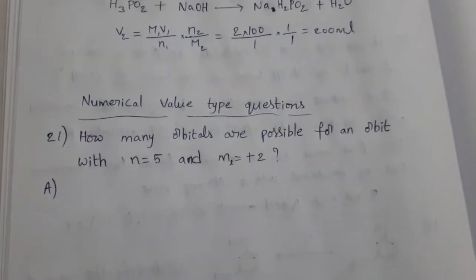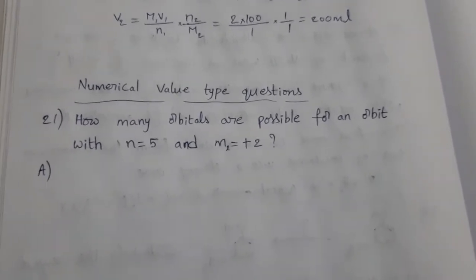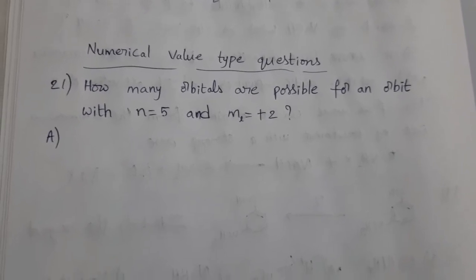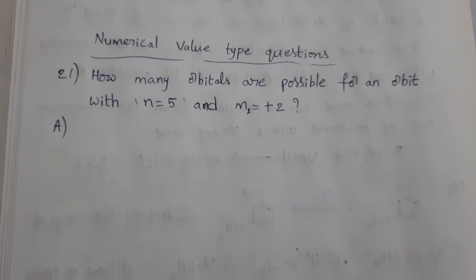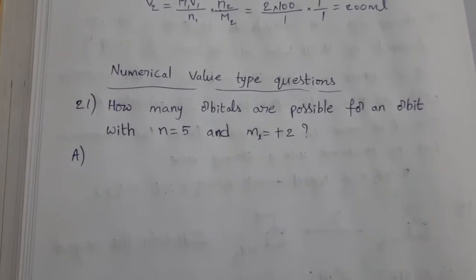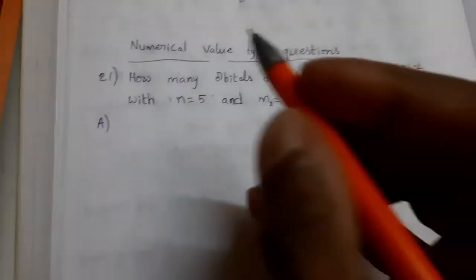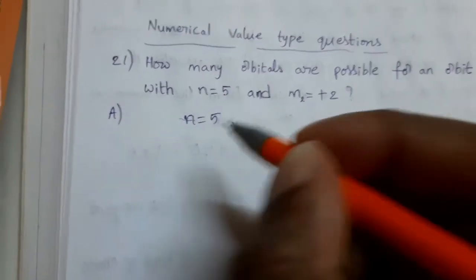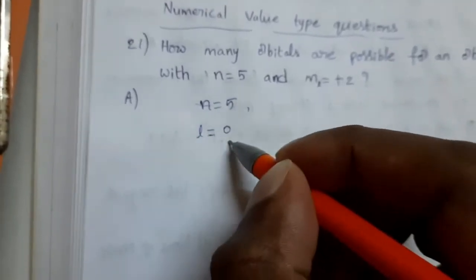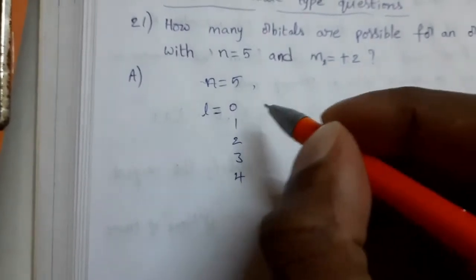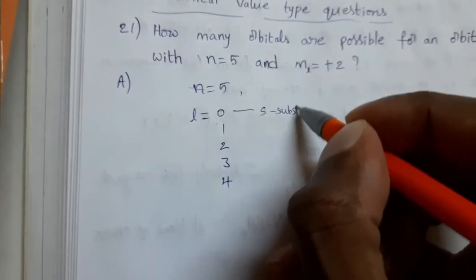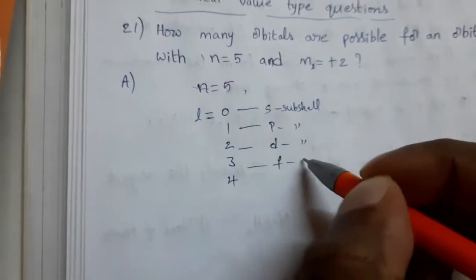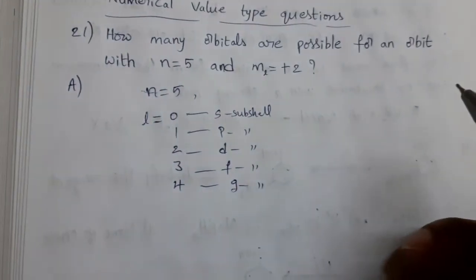Next, numerical value type questions. How many orbitals are possible for an orbit with n equal to 5 and ml equal to plus 2? Principal quantum number is 5, ml means magnetic quantum number, that is plus 2. Here n equal to 5 means l values are 0, 1, 2, 3, 4. 0 means s subshell, then p, d, f, g subshells.